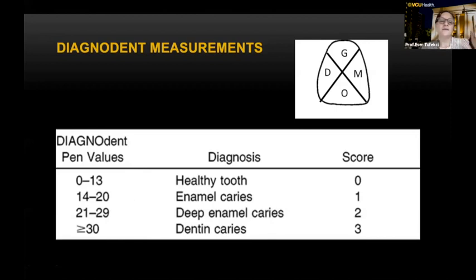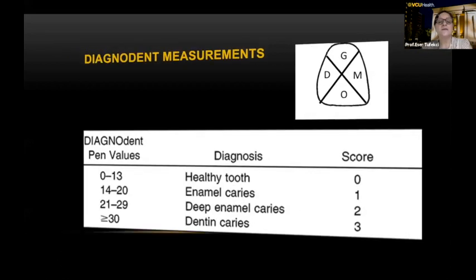Then when you go around and measure the suspected lesions, it will use that as a reference and give you a reading. So that's what she did.